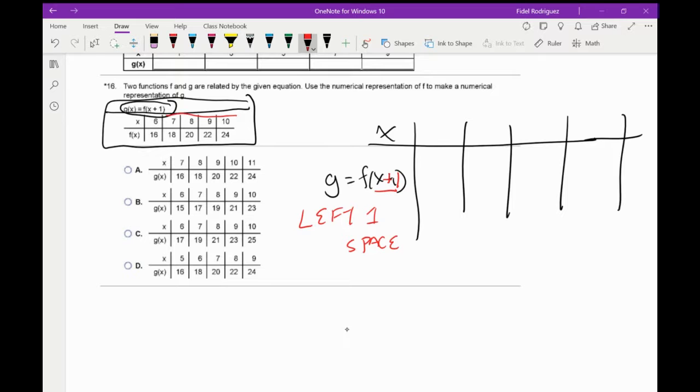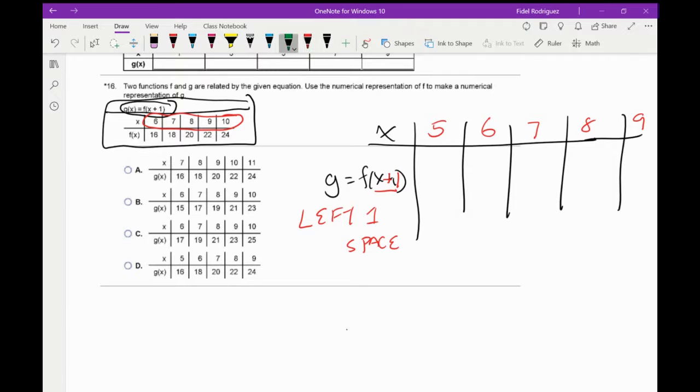So I'm going to take these x values that I originally had, and if I'm moving to the left one space, those x values are going to get subtracted by 1. So now that's going to be 5, that's going to be 6, that'll be 7, 8, and 9.